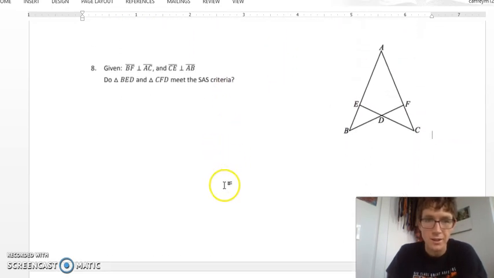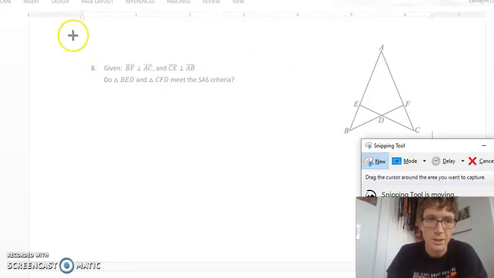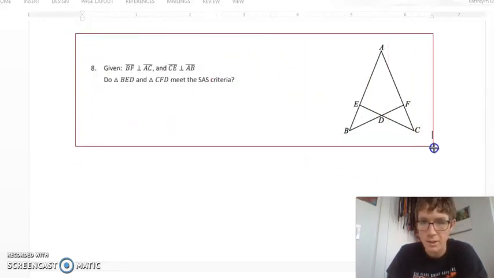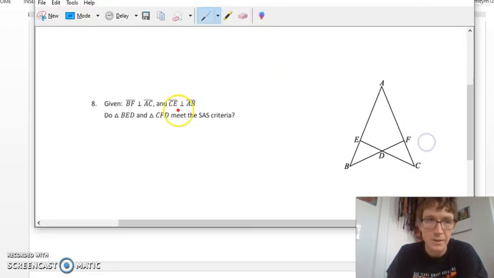So, for this one, number 8. Let me just grab it real quick. Okay. So, given that BF is, what does this sign, this little thing mean here? That means perpendicular. Given that BF is perpendicular to AC, that means that there's a right angle here and a right angle here.